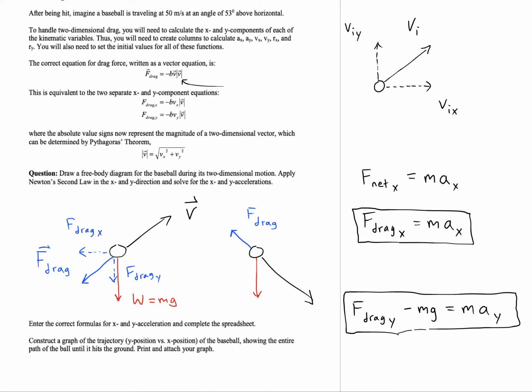Now, I'll do mine with some different numbers. I'll say 50 meters per second at 45 degrees. And I think they just want it on level ground. Yeah, it's a baseball, so you're hitting it from ground level. All right, let's try that.